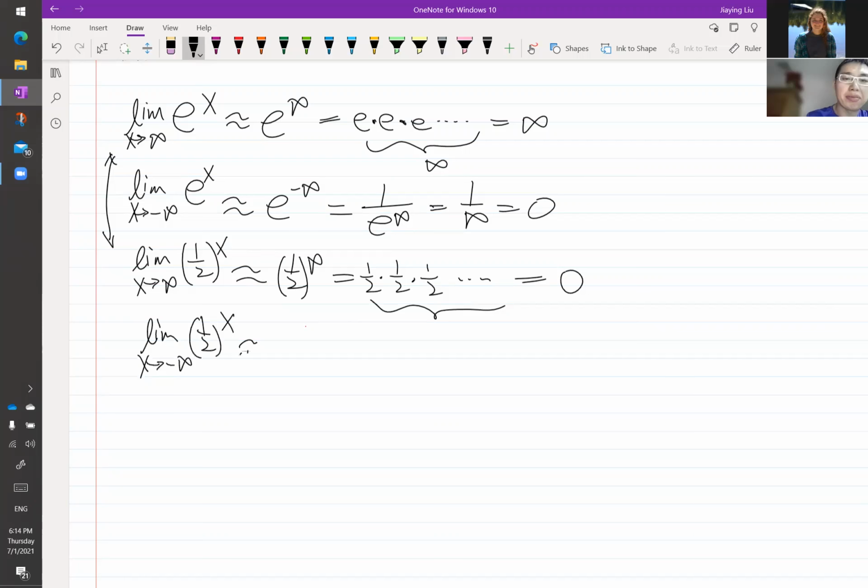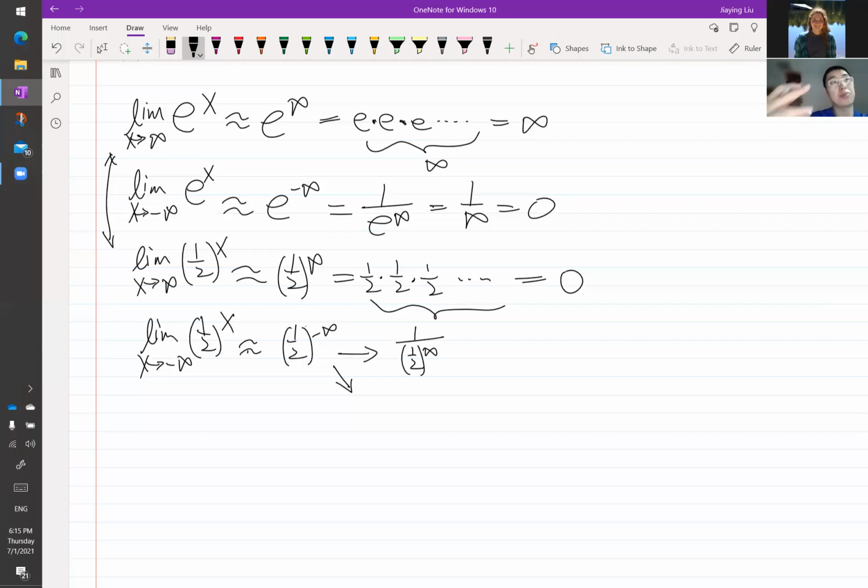If we plug in negative infinity, we get 1/2 to the negative infinity. There's a couple ways you could go. One, you could rewrite it in terms of 1 over something, to get rid of the negative in the exponent. So that's 1 over 1/2 to the infinity.